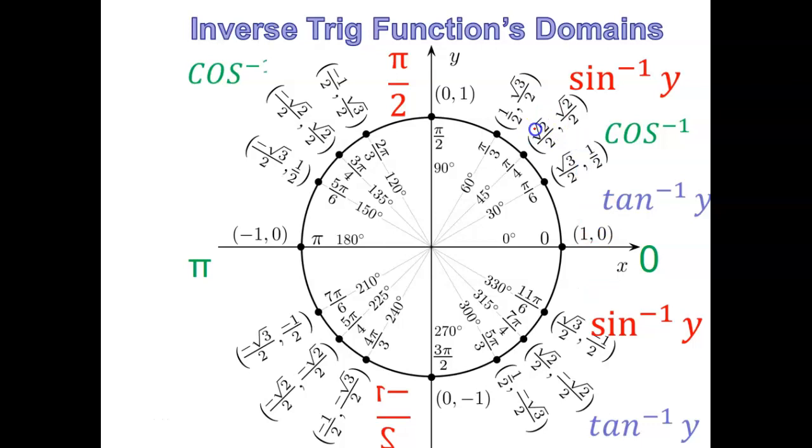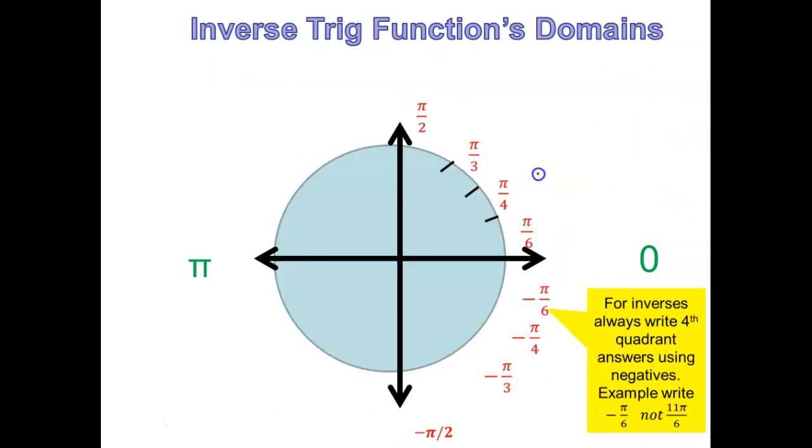Inverse cosine is going to come from the first and second quadrants. So it's really important to keep that straight. And for both inverse tangent and inverse sine, you're going to need to rewrite the values that appear in the fourth quadrant as the negatives of those measures.